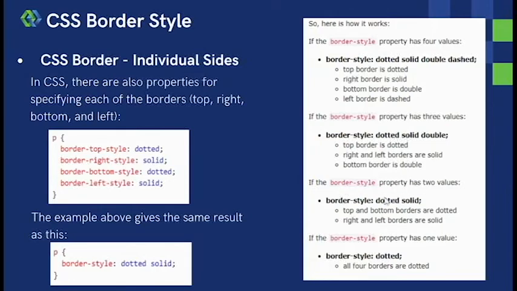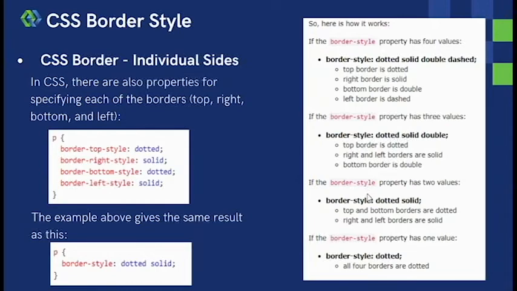If the border style property has two values, that means top and bottom borders are dotted, and right and left borders are solid.